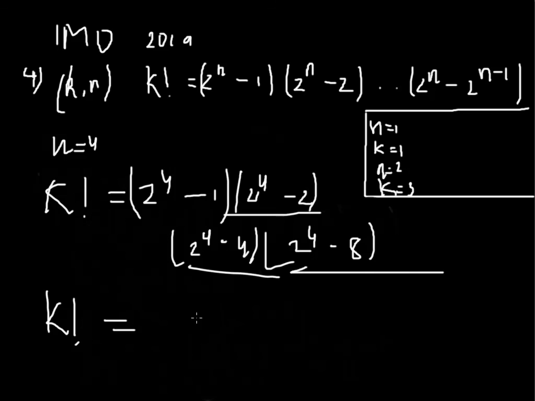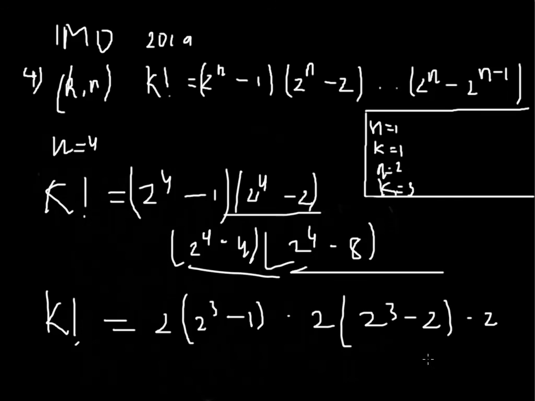If I take 2 common in these terms, I get 2 cube minus 1, then 2 cube, then 2 cube minus 2, then 2 times 2 cube minus 4.